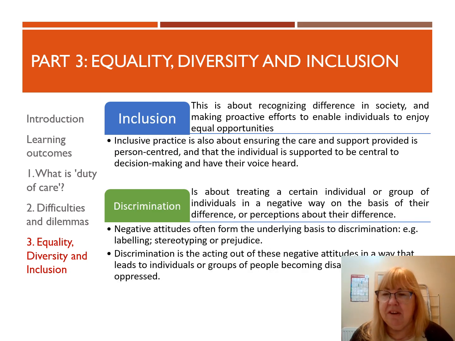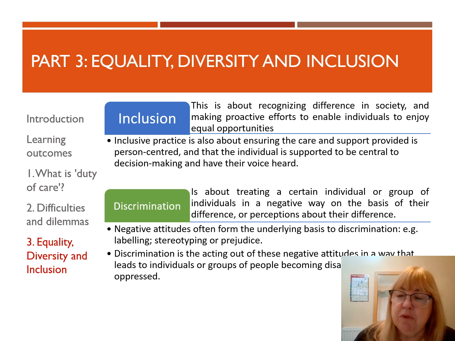Inclusion is about recognizing the differences in society and making proactive efforts to enable individuals to enjoy equal opportunities. So it's identifying the fact that just because someone is different, that doesn't mean they cannot be included in things. Someone who has communication problems might get excluded from decision making about their case, or about raising a complaint or a concern, just because it's a difficult process.